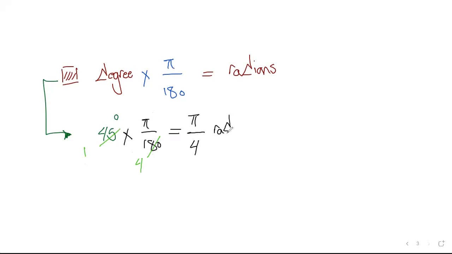We call that rad. As another example, 90 degrees is 90 pi over 180 radians, which is equal to pi over 2 rad. These were the examples that we talked about last session.